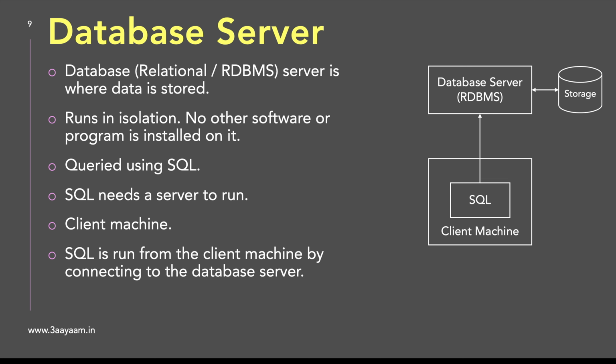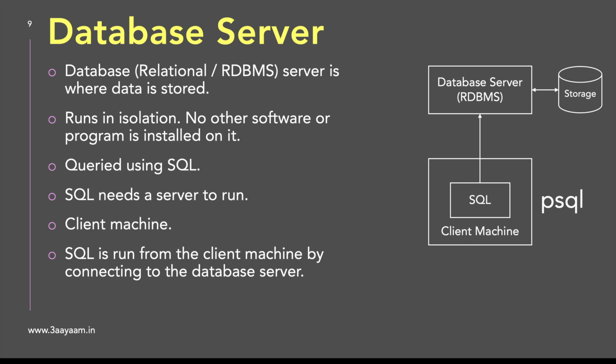And SQL is also run from a client machine by connecting to the database server, and the connection happens over the network. The client and the server machine would communicate over the network. So whenever we run a SQL statement, that would travel over the network and reach the database server, and the database server will execute that particular SQL statement and then return the result set back to the client machine.